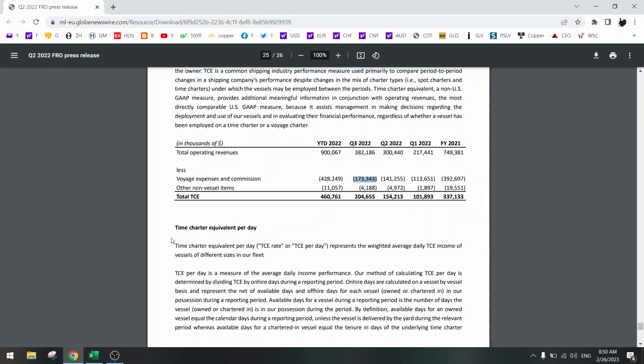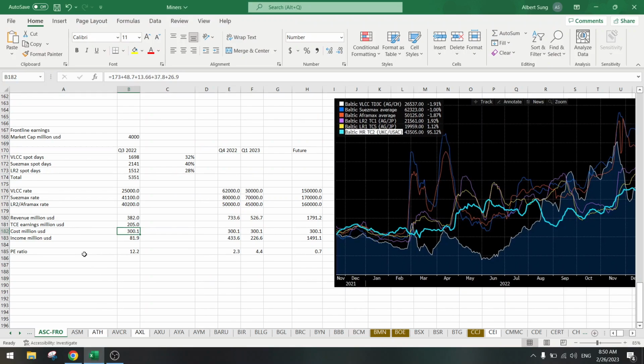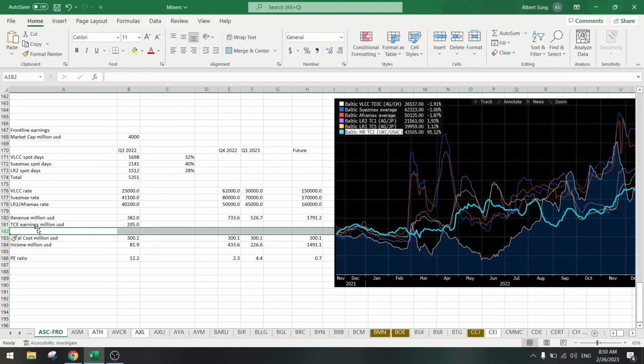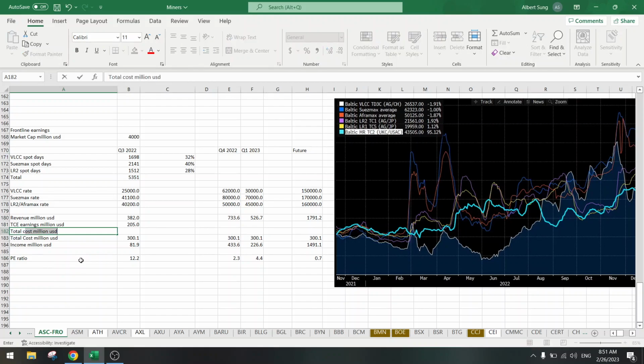Yeah, it's about 173. So this is a total cost, but we need the total cost minus voyage expense. So basically that is this minus the 173.